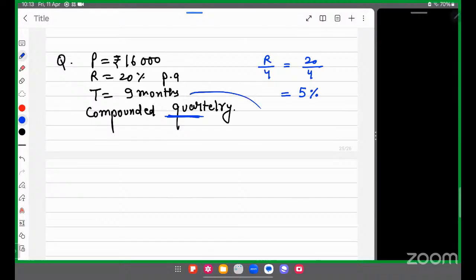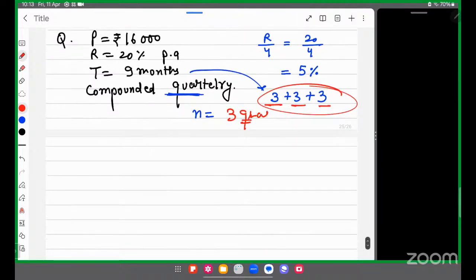Nine months will be divided into 3 quarters, 3 plus 3 plus 3. So what will be the value of n in this case? We are having 3 quarters, which means we will take interest at every third month.